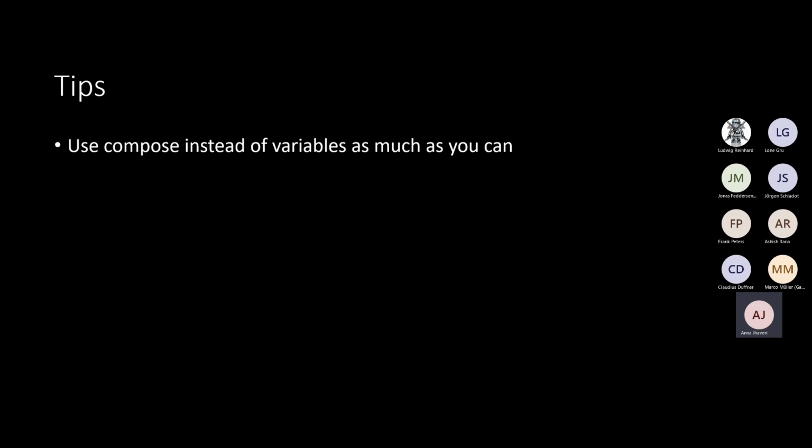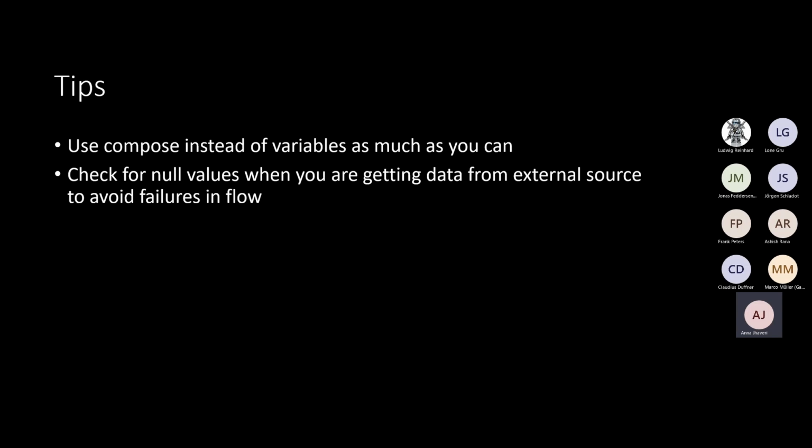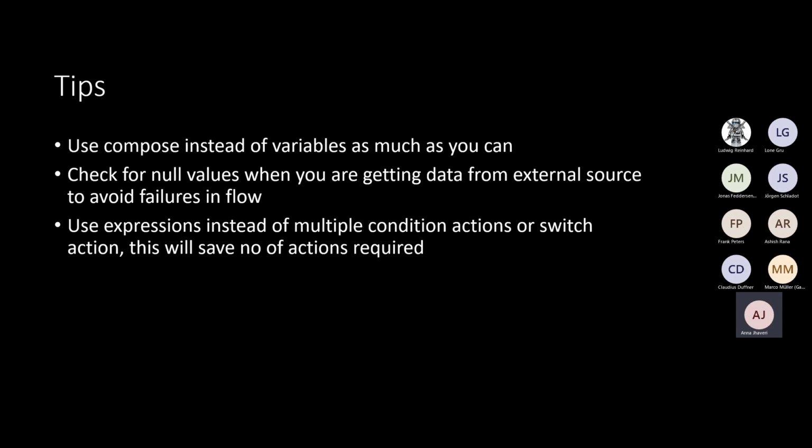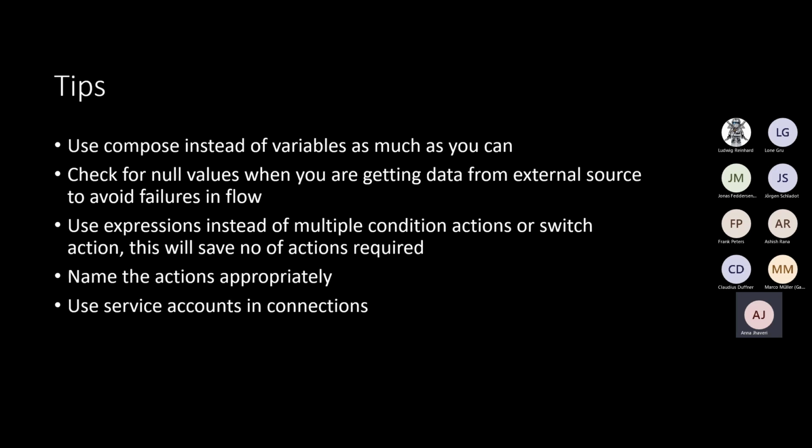Some other general tips are using compose action instead of variables, as I mentioned before, checking for null values when you're getting data from an external source, and using expressions instead of switch or apply to each actions to save the flow for performance. Then name the actions appropriately so that after 6 months you don't forget what your flow is doing.